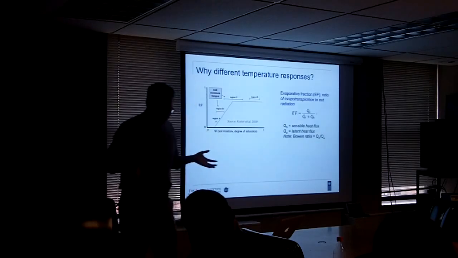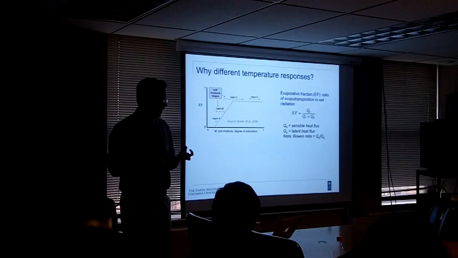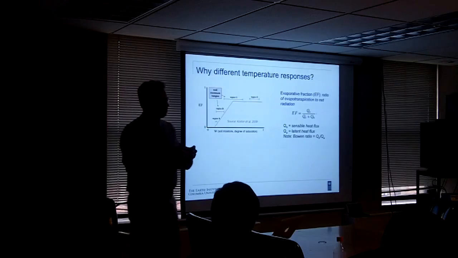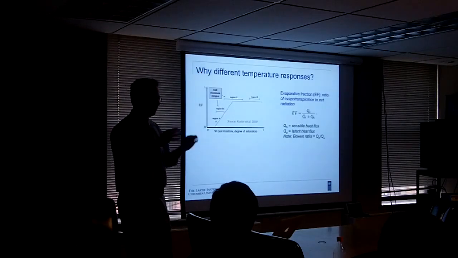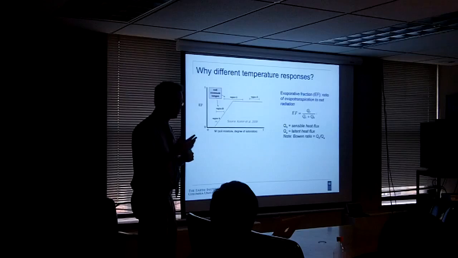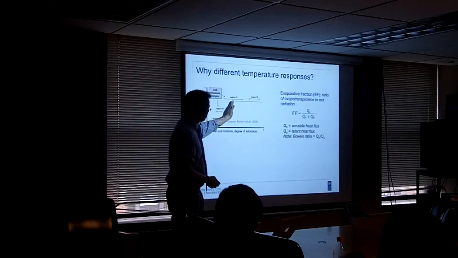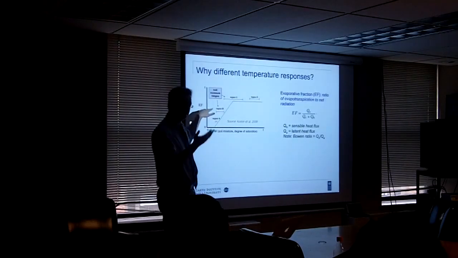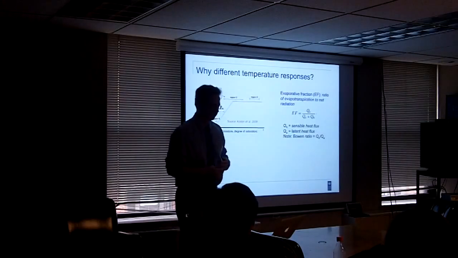And that's simply due to the fact that plants, when they're taking water out of the soil, if the soil is too dry, the plants have to pull too hard to pump up that water, and that damages the plant tissue. So to deal with those periods of very dry conditions, your plants have stomata on the leaves, and they can control the transpiration rate. So essentially, when you have very dry soils, your plants begin to reduce transpiration, and so your evaporative fraction begins to be reduced because you're reducing your latent heat flux.